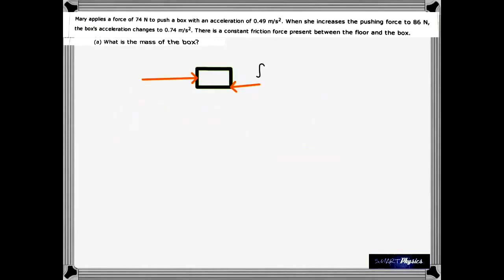Now, there are two specific cases here, and therefore we could set up two equations and solve them to find the mass. What are the forces acting? One is the force of the push, the other is the force of friction acting exactly in the opposite direction.